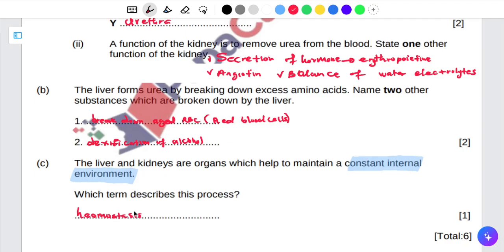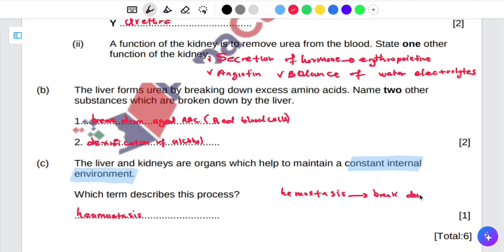Now there are 2 words here. We have hemostasis and homeostasis. These 2 are different. Homeostasis is the maintenance of the constant environment. When you talk of hemostasis, this process involves the breakdown of blood clot.